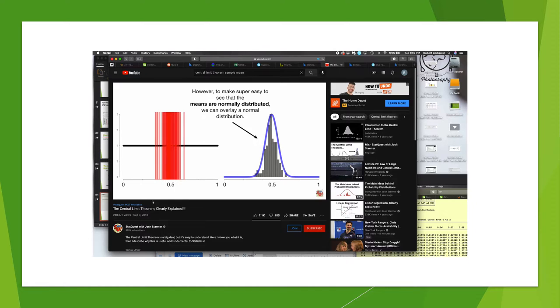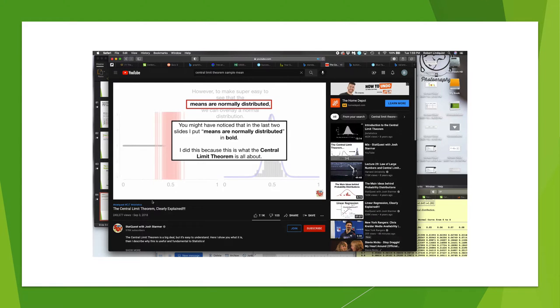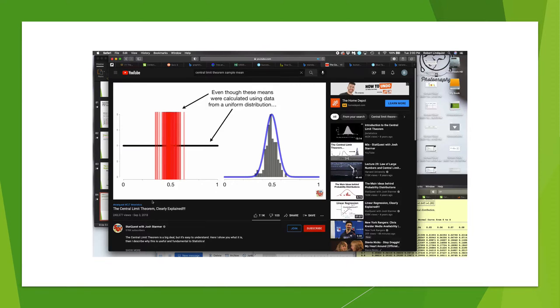However, to make it easy to see that the means are normally distributed, we can overlay a normal distribution. You might have noticed that in the last two slides, I put means are normally distributed in bold. I did this because this is what the central limit theorem is all about. Even though these means were calculated using data from a uniform distribution, the means themselves are not uniformly distributed. Instead, the means are normally distributed.